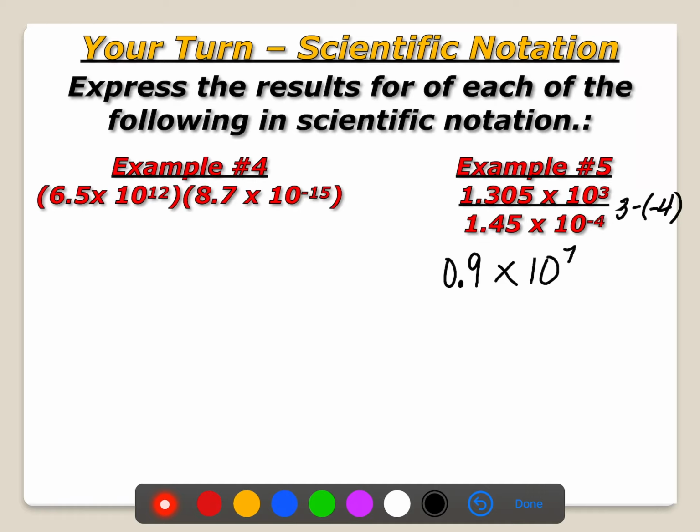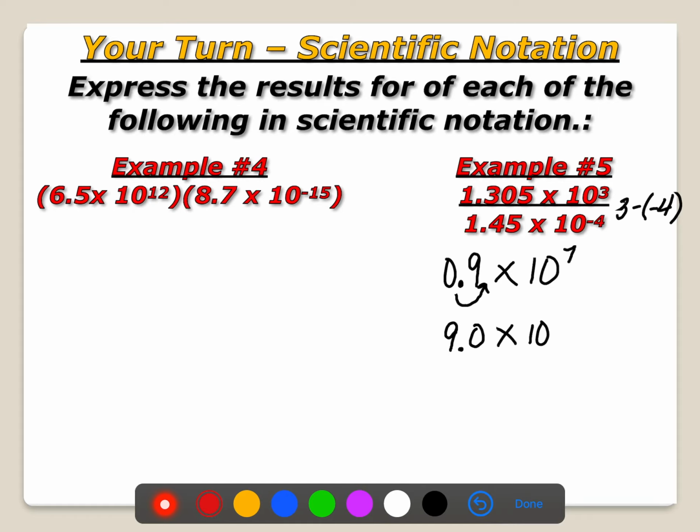All right, now my coefficient is not in scientific notation, which means that I'm going to have to swoop. Okay, I'm going to need to move the decimal. So I'm going to go 1 to the right. So now this becomes 9, or you could say 9.0. And we're going to have to adjust our exponent.